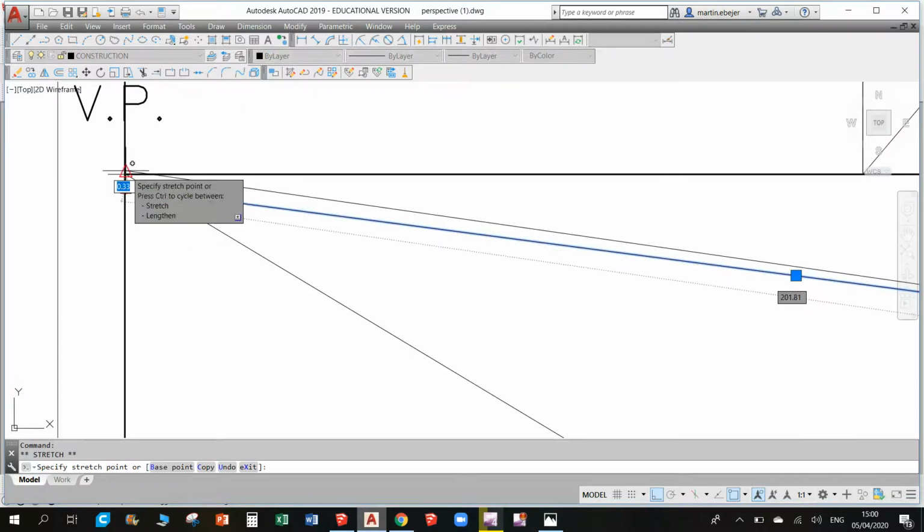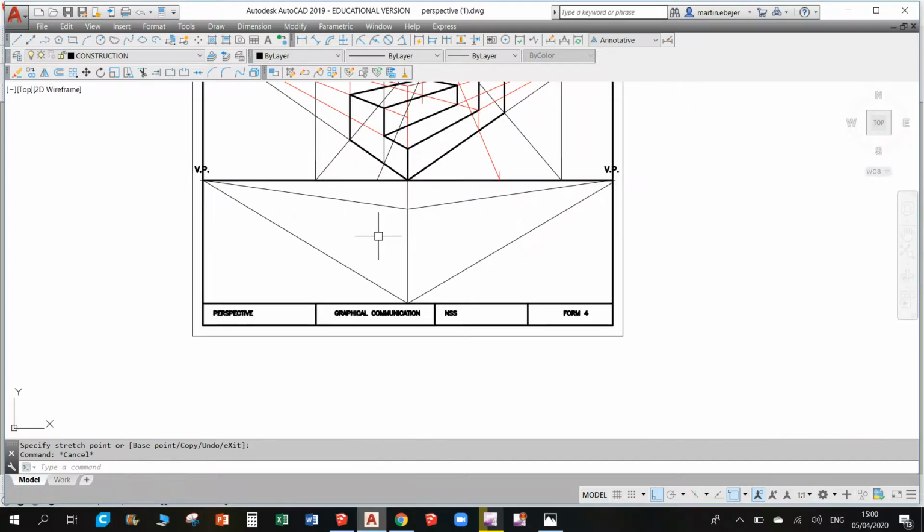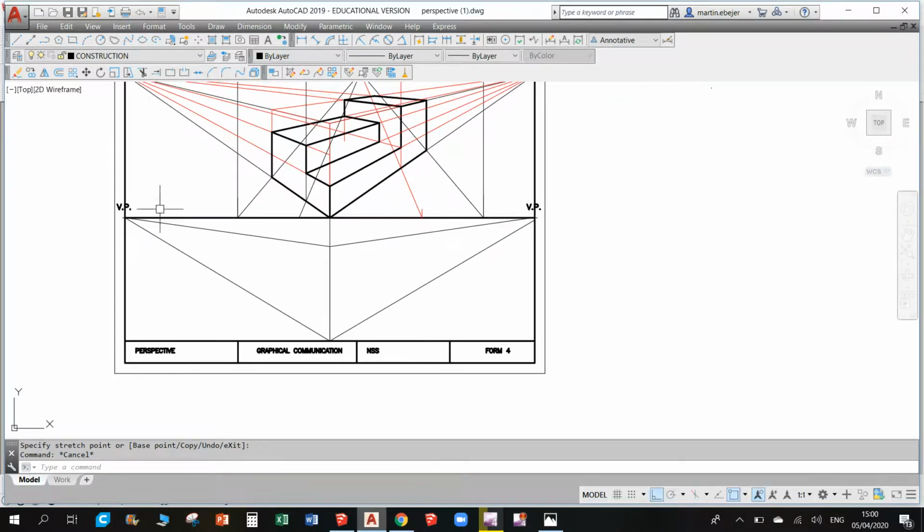Now we need to find the midpoint. Before we find the midpoint, usually you join VP1 to VP2, but we're gonna use this line which is already in place, the divider.